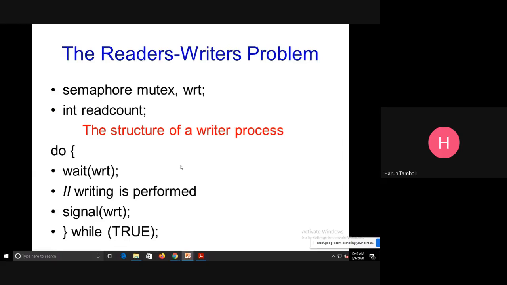The second classical problem is the readers and writers problem. This is the second classical problem of synchronization. In the readers writers problem, you can understand better with respect to a database.